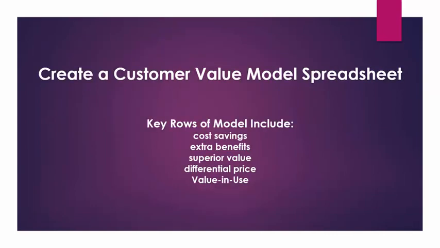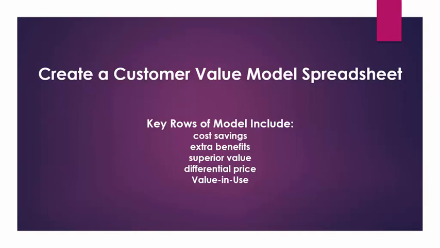All right, now what I want to do is to create a customer value model spreadsheet. And the value model is going to key in on these 5 rows. Cost savings that I get from my product, extra benefits from my product. If you sum cost savings and extra benefits, you end up with superior value.